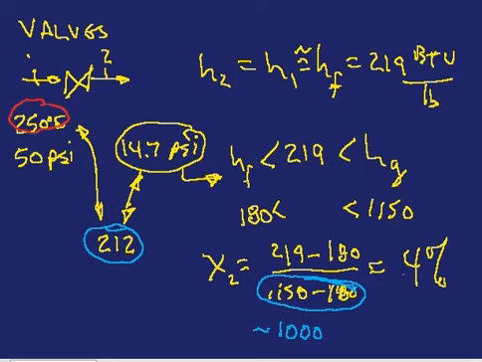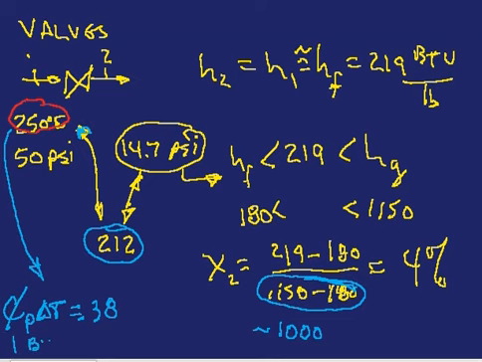And if we took that 1,000 BTUs times 4%, we get about 40 BTUs, which is pretty close to the energy drop of Cp delta T. What is that equal to? 38 BTUs, because the delta T is 38, 250 minus 212, or let's say minus 38.